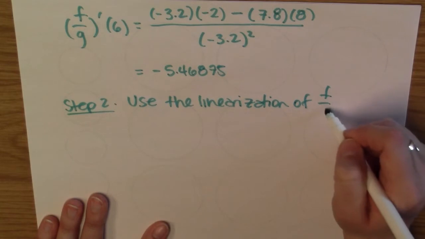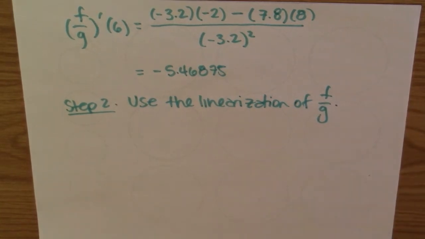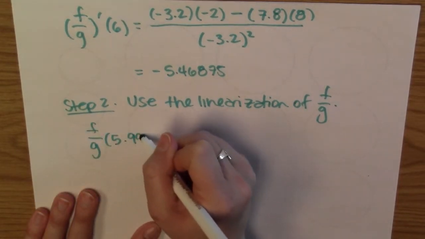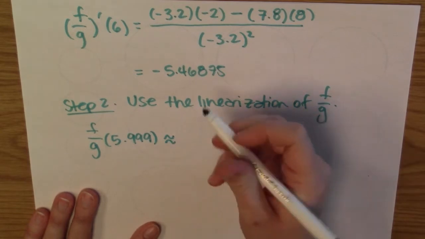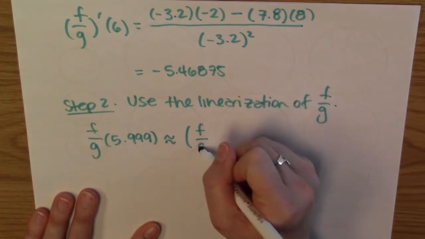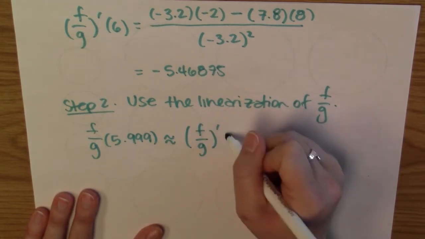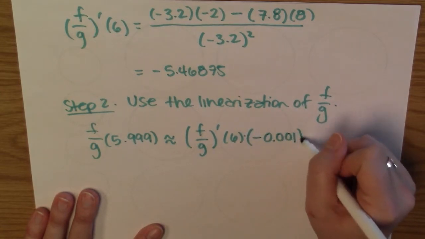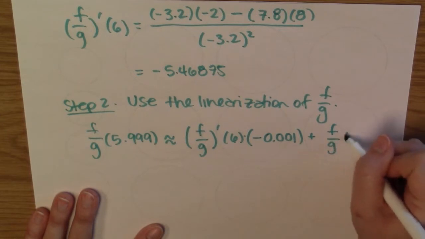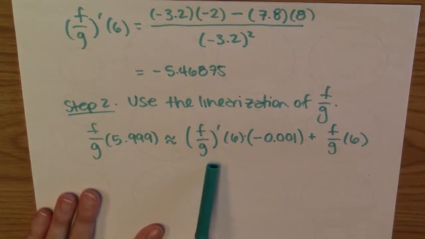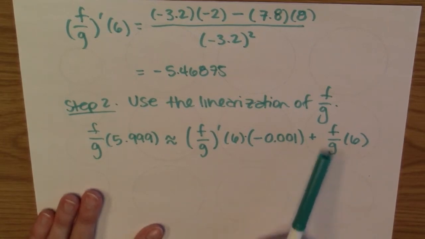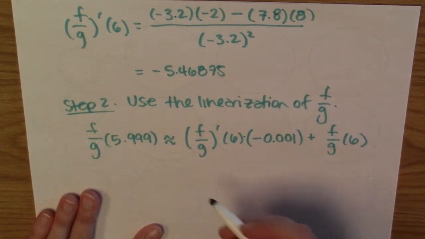So then step 2 here is to use the linearization of f over g. So f over g is just another function, and we're interested in f over g at 5.999. So this is approximately equal to, well, we use the same formula that we've been using, f over g prime at 6 times our h, which is negative 0.001, plus f over g at 6. Right? We just found the derivative of f over g at 6. We know our h, and we can find f over g at 6 by evaluating f at 6 and g at 6.